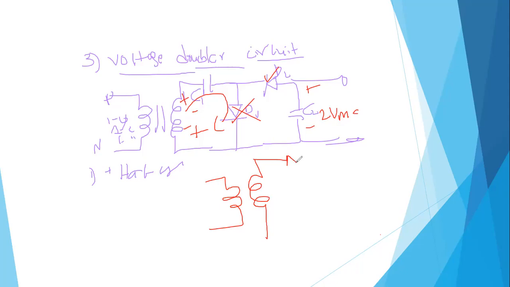So this is D1 and this is D2. Actually, this is a capacitor C1 and this is C2.